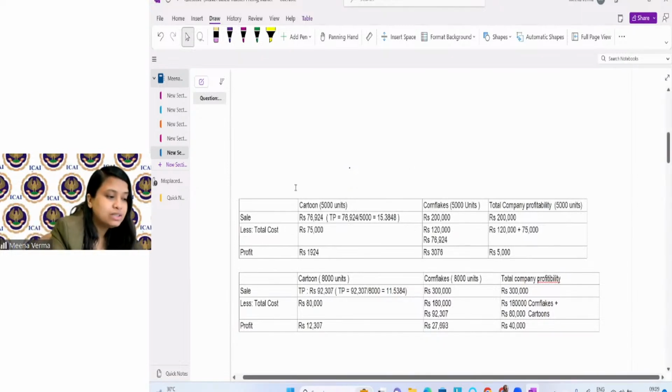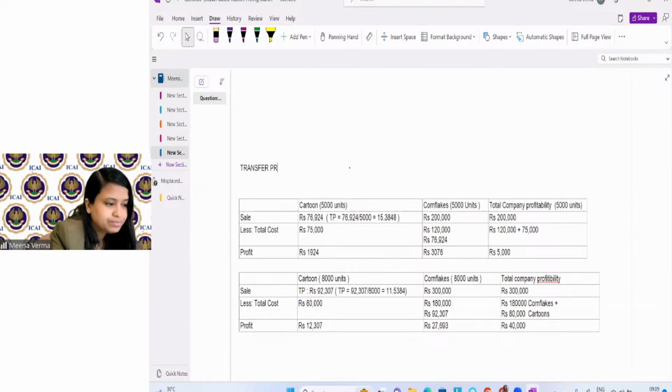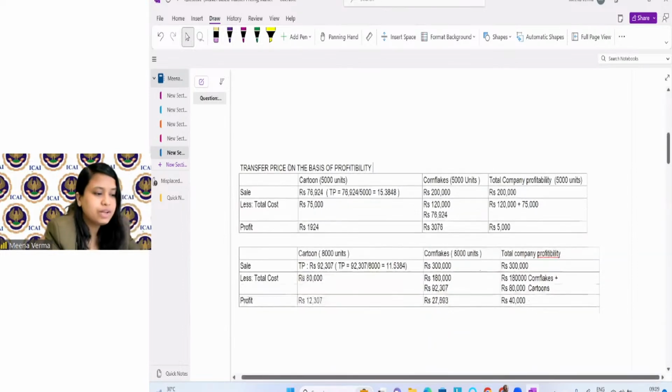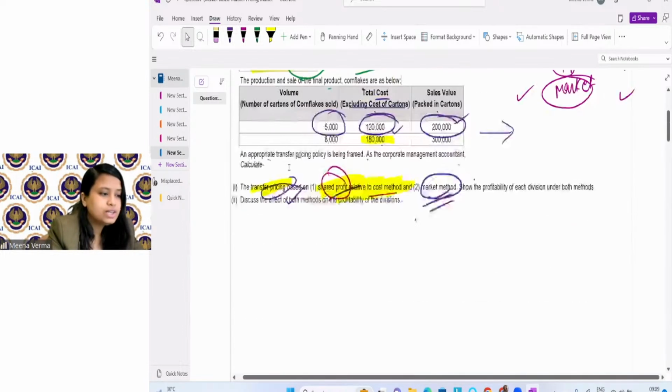So this was my method to find the transfer price on the basis of profitability. Let's see the next scenario where we will find the transfer price on the basis of market price.